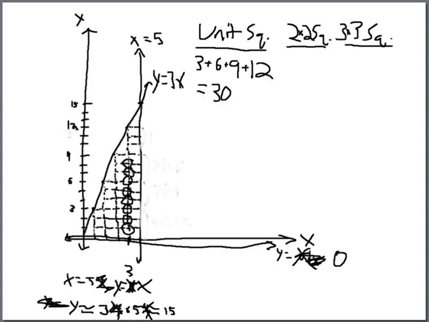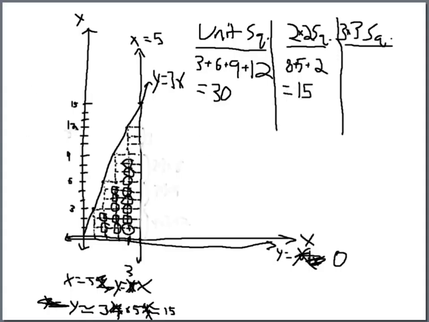So we have 8 here, plus 1, 2, 3, 4, 5. 8 plus 5 plus, maybe we should draw little lines to differentiate it. 8 plus 5 plus 1, 2. So we have 8 plus 5 plus 2 is equal to 15.